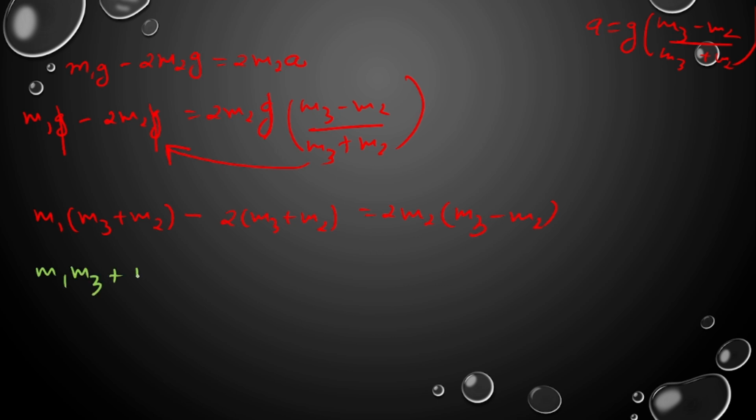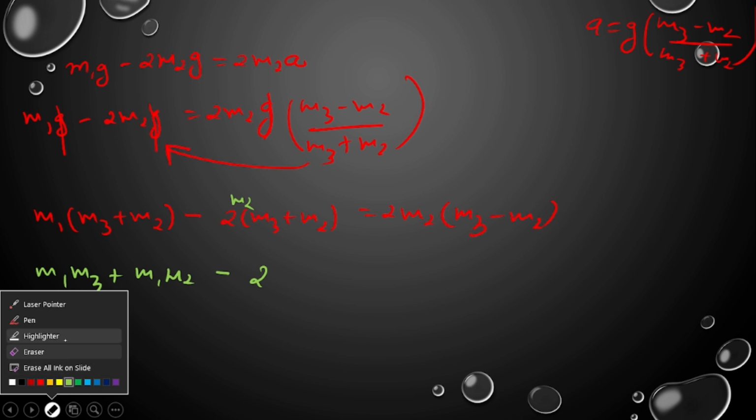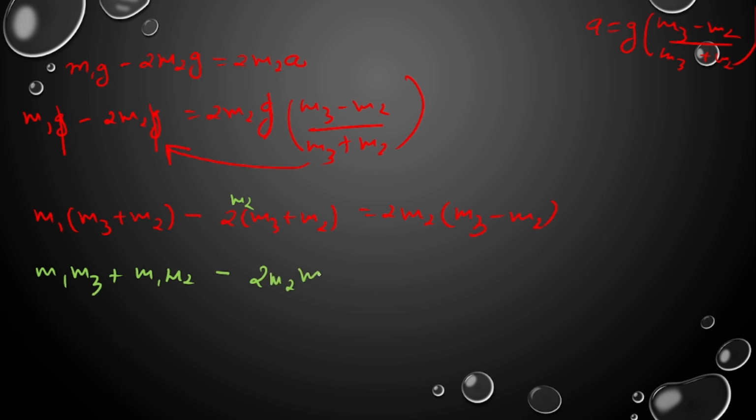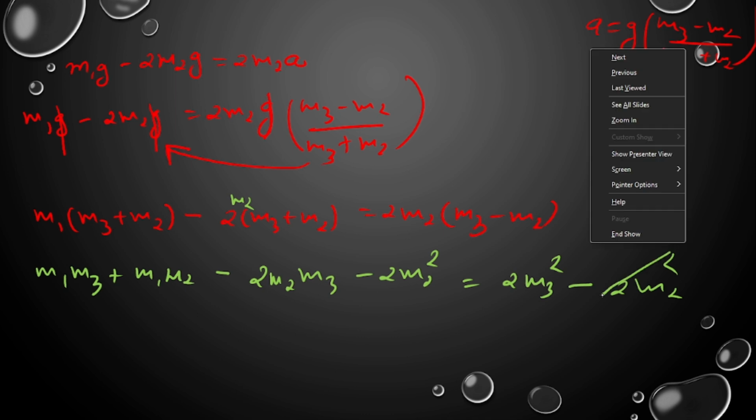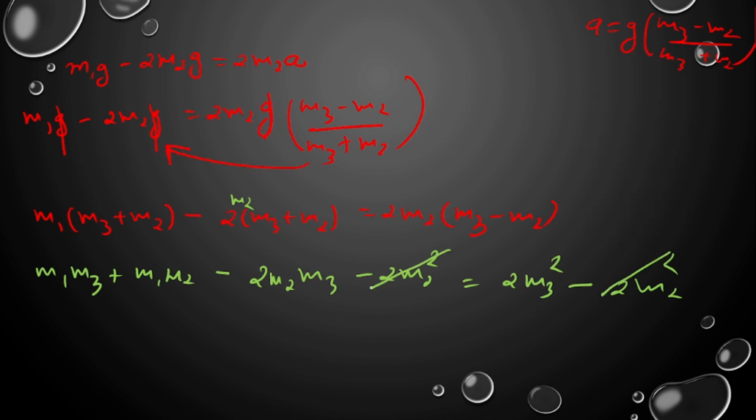I am missing m2 over here. So m1m3 plus m1m2 minus 2m2m3 minus 2m2 square equals 2m2m3 minus 2m2 square, and 2m2 square and 2m2 square are gone.